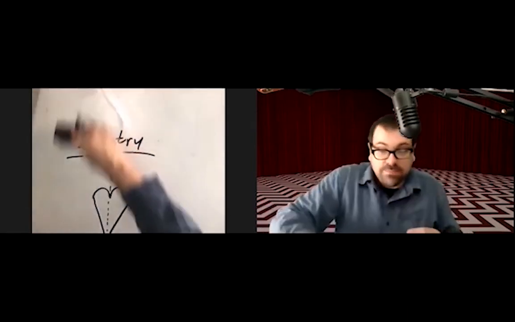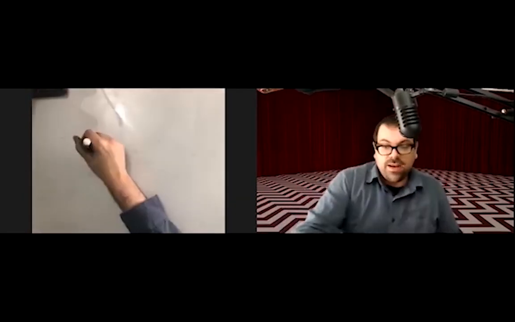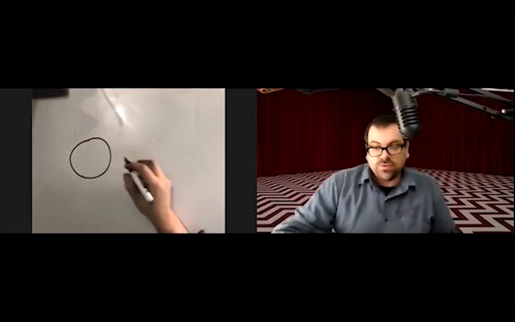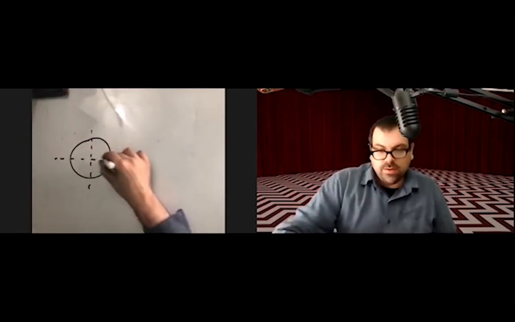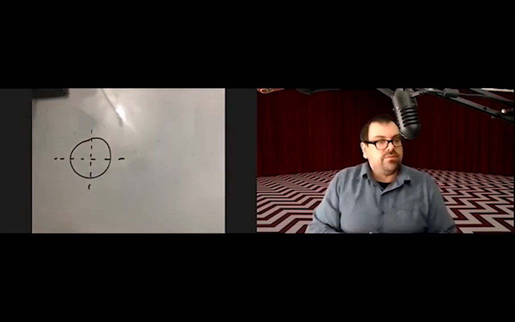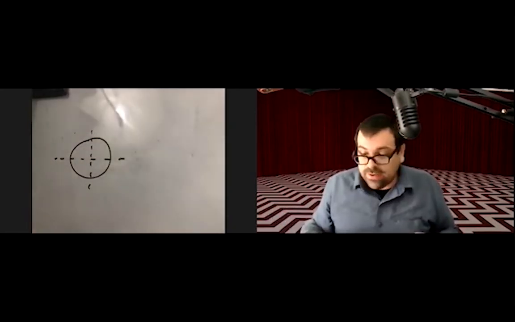Graphs, just like shapes, can have symmetry. But instead of, say, a circle where I can fold it vertically, I can fold it horizontally.